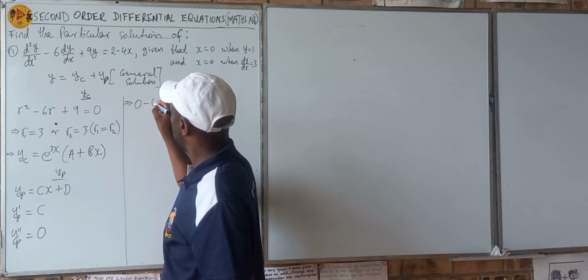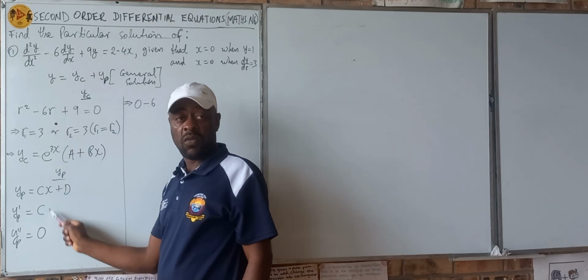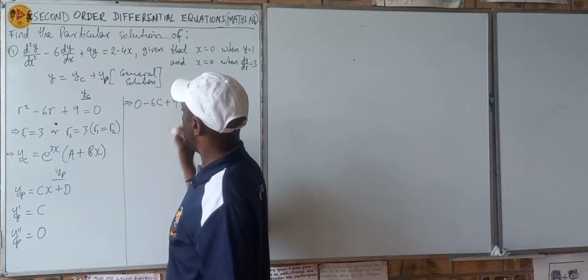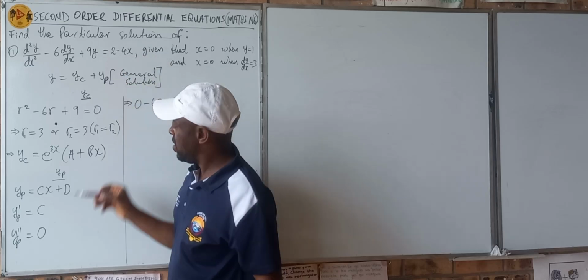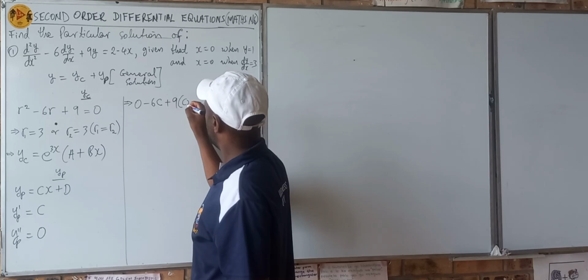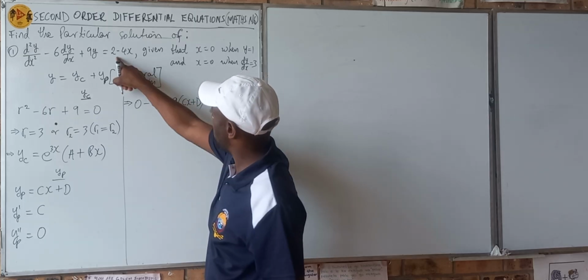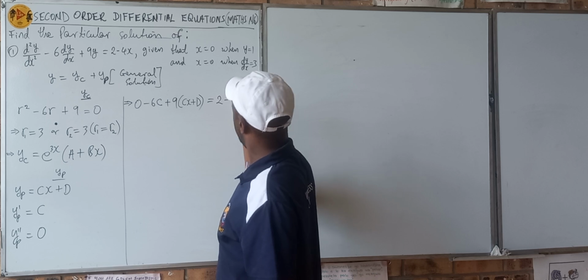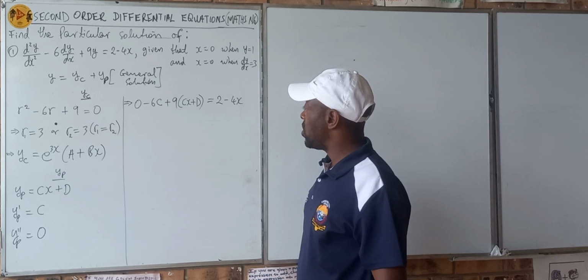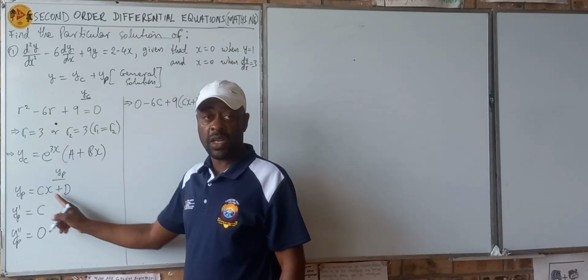Then minus 6, where I see the first derivative, I will put the first derivative of yp, which is c. Then plus 9, where I see y, I will put my yp, which is cx plus d. Then I equate to the right hand side, which is 2 minus 4x. So this equation should help me calculate the values of c and d.